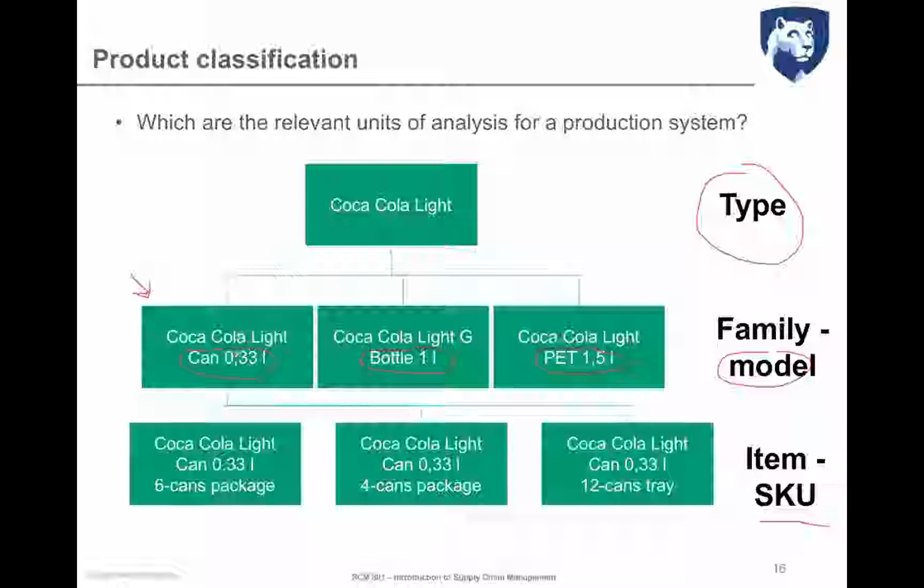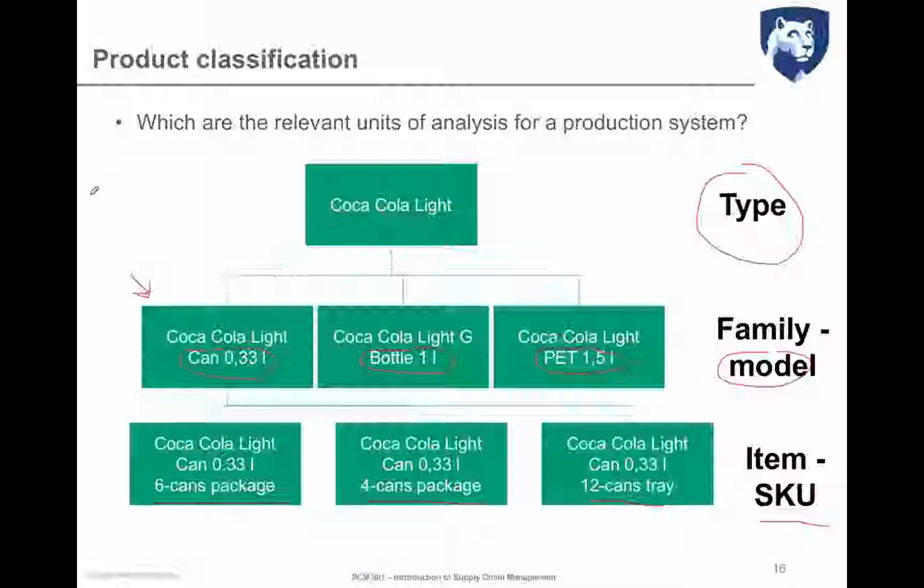Because if we look at Coca-Cola Light can 0.33 liter, we can have a 6 cans package to be transported to the final market, we can have a 4 cans package, or a 12 cans tray to be transported to the final market.